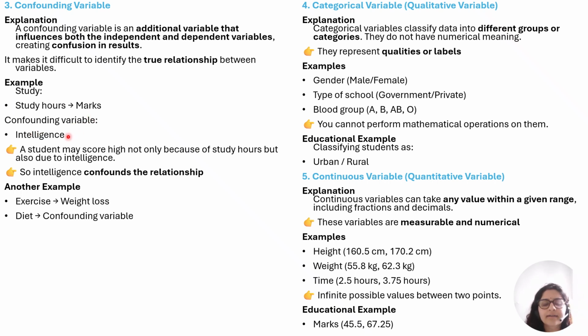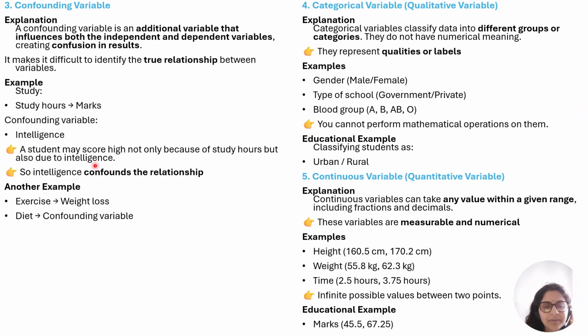Intelligence is a confounding variable. This aspect of intelligence creates confusion in the relationship between the dependent and independent variable. How will it create confusion? A student will score high marks not only because of study hours but also due to intelligence. So intelligence is making the relationship between study hours and marks very confusing.